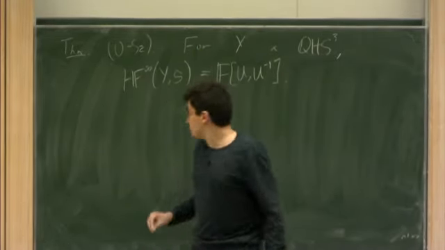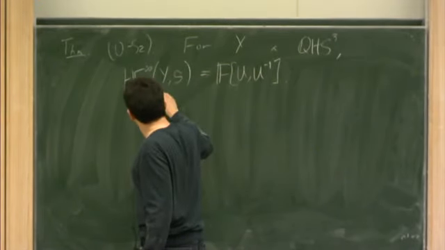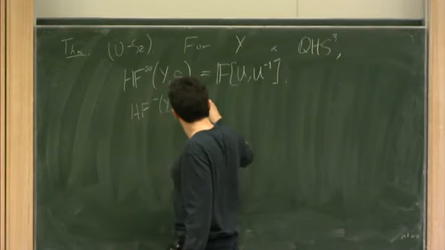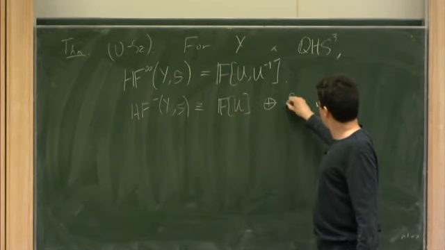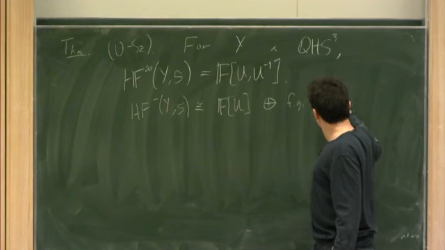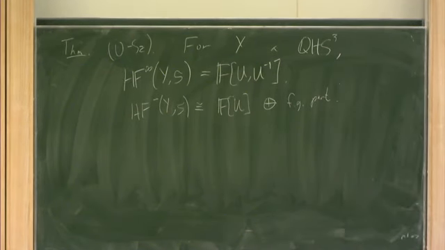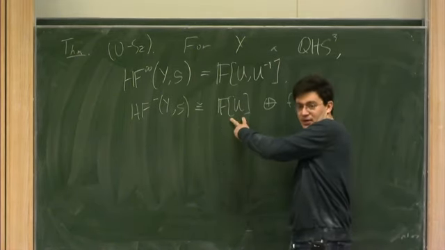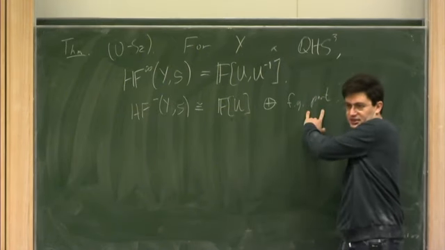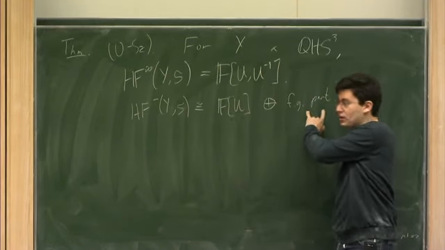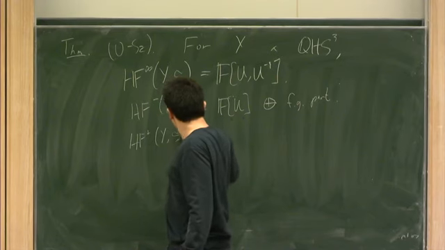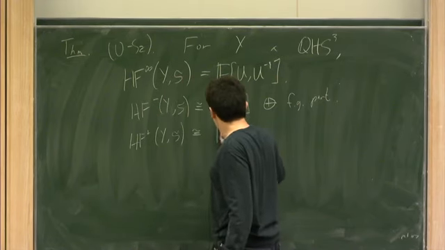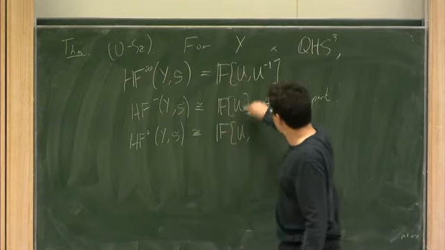And as a consequence of this, what we see is that HF minus is going to be just a copy of the ring of polynomials plus some finitely generated abelian group. Okay, and HF plus is going to be, well, sort of everything that's left from here.